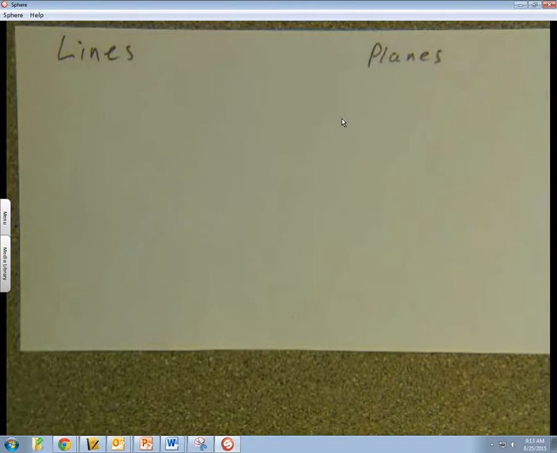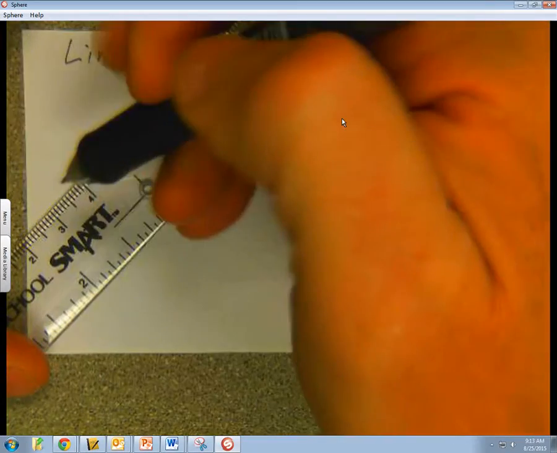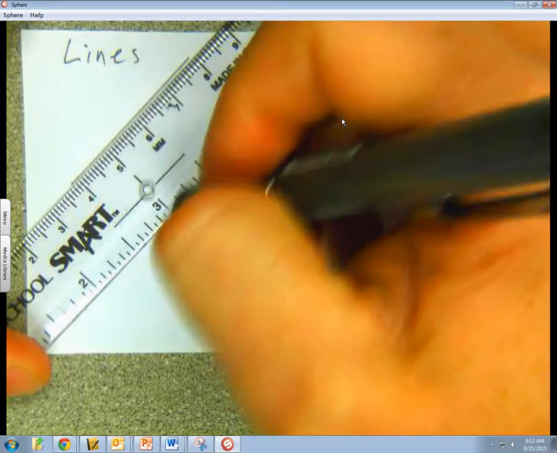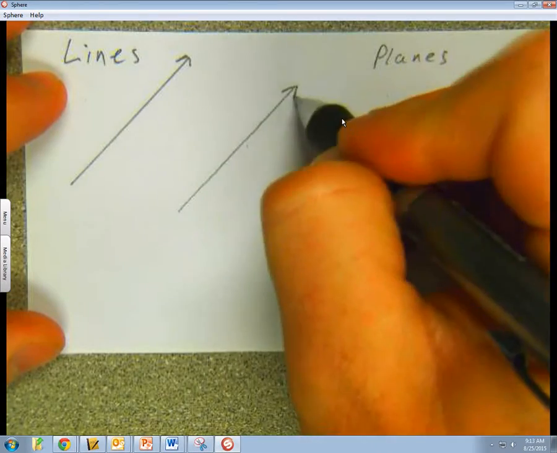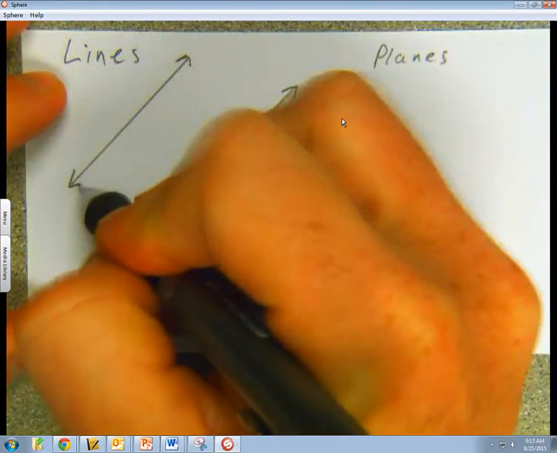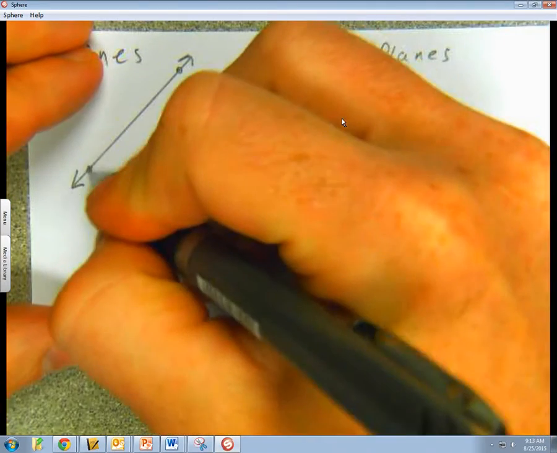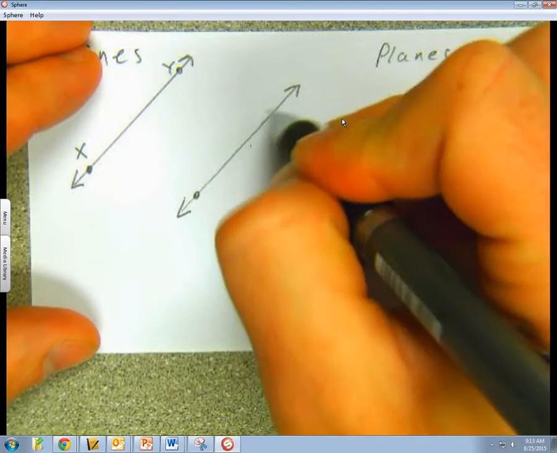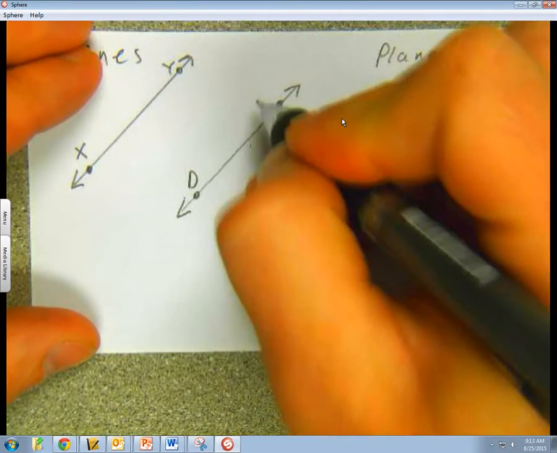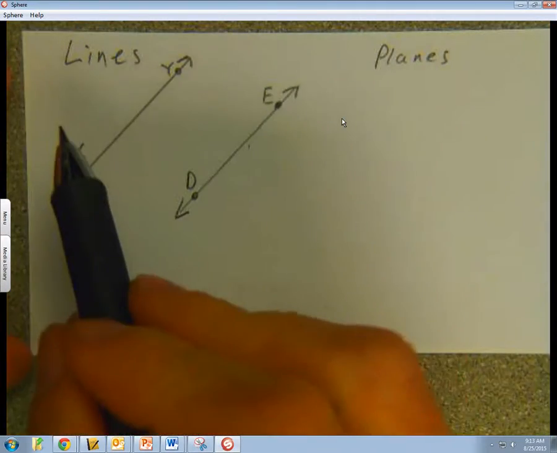So, parallel lines. I'm going to use my straight edge here. Parallel lines, there we go. I'm going to call this X, Y, and call this D, E. These lines are parallel.